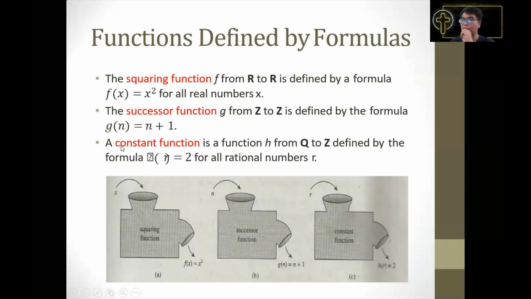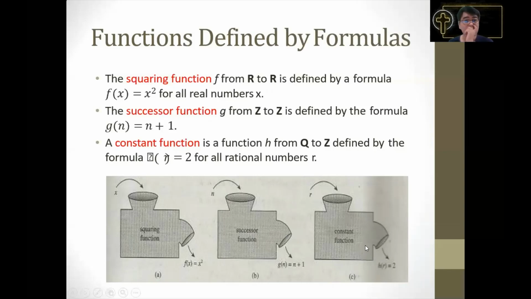The same is also true for this function from Q to Z, which is defined by the fixed formula h of r is equal to 2. Every time I input a value r, that value is paired with 2. I input 1, it's paired with 2. I input 4, it's paired with 2. I input 10, it's paired with 2.